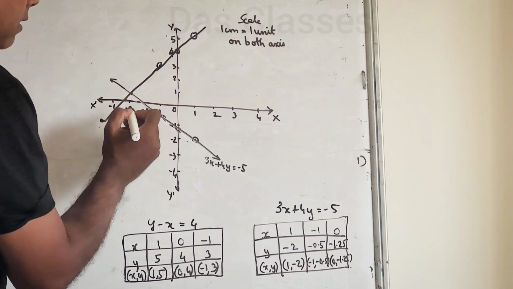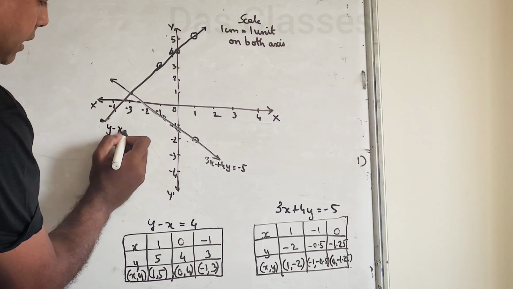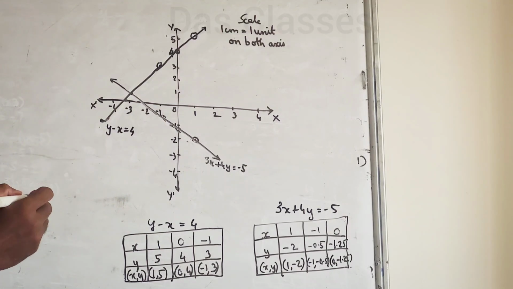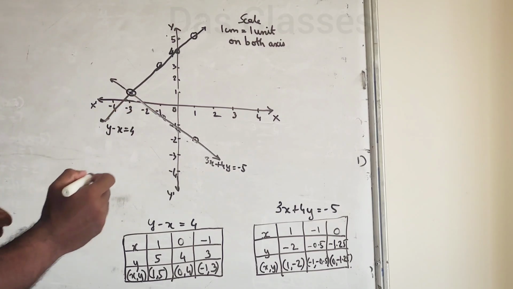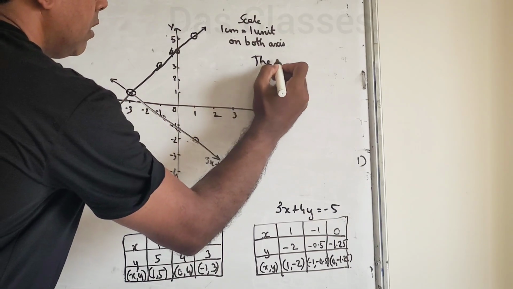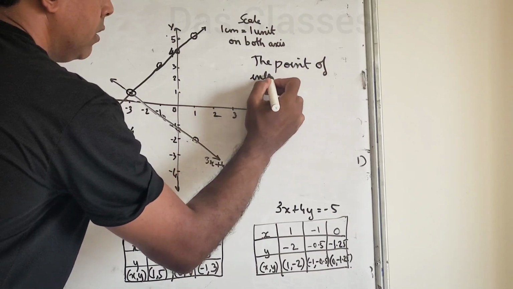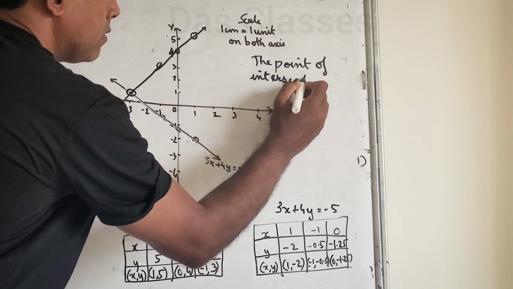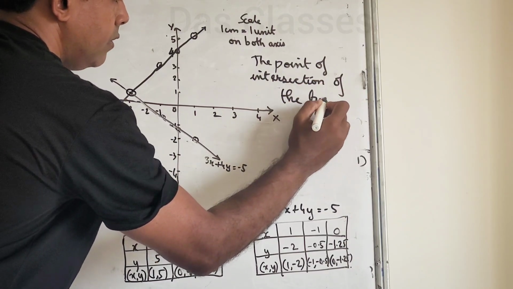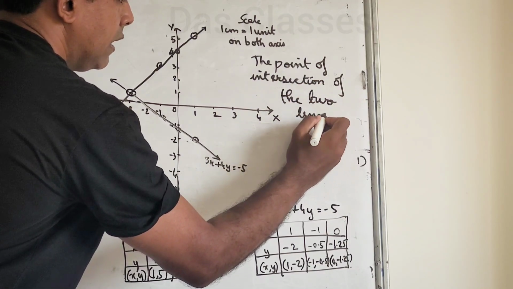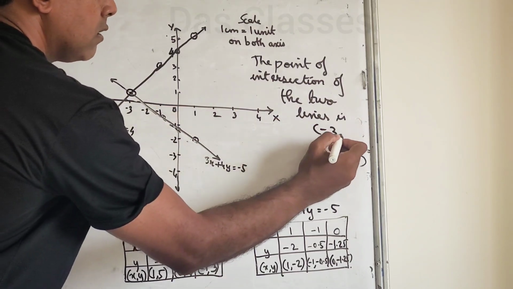These 3 points, and right there, this is for y minus x is equal to 4. The point of intersection of these two lines is minus 3 comma 1.